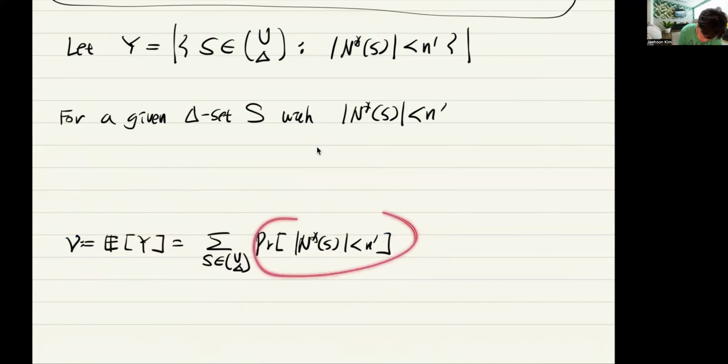What's its probability? The probability of this one being a subset of U is what?